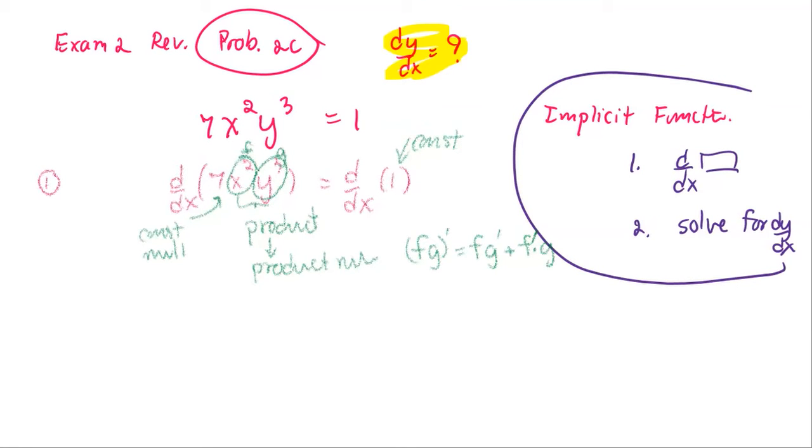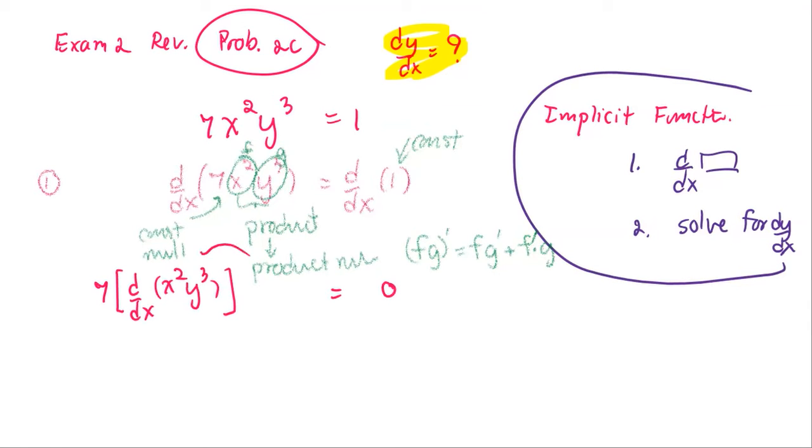The left-hand side, since we see 7 as the constant multiple, we just copy it down. So it will be 7 and then multiplied by, I'm going to put parentheses here, the derivative of the product x squared and y to the third, equals the right-hand side, whose derivative is 0.